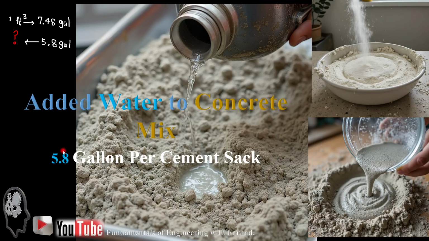And then the last one is the added water. It says 5.8 US gallons per cement sack. So if you come to unit conversion, 1 cubic foot is equal to almost 7.48 US gallons. And if you have 5.8, we want to see how many cubic feet that is equivalent to. That's equal to 0.775 cubic feet.